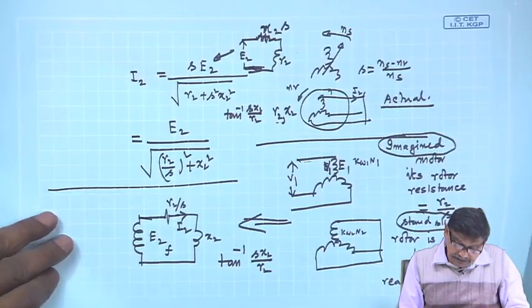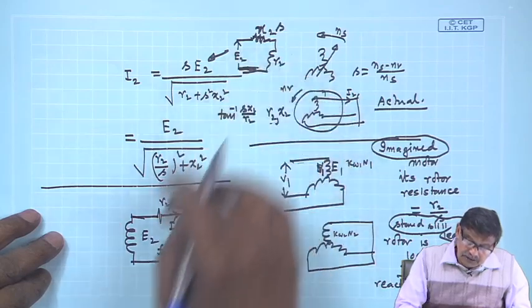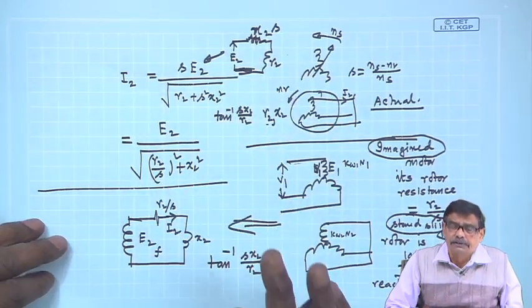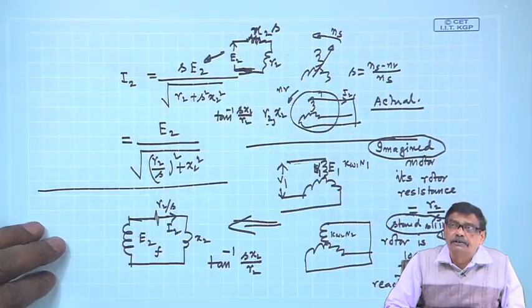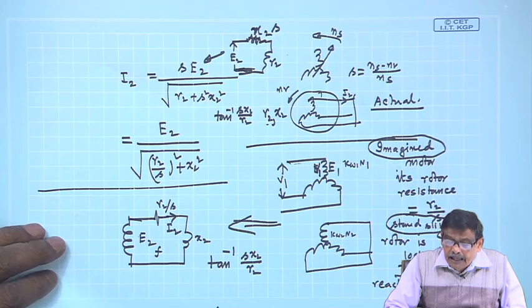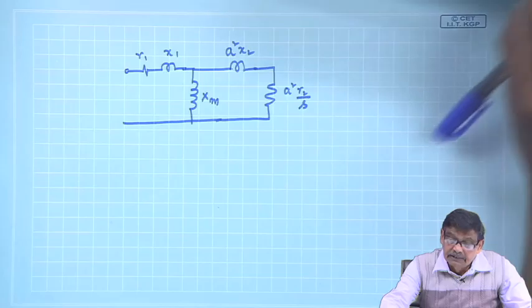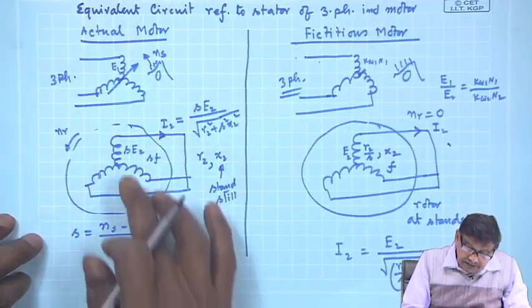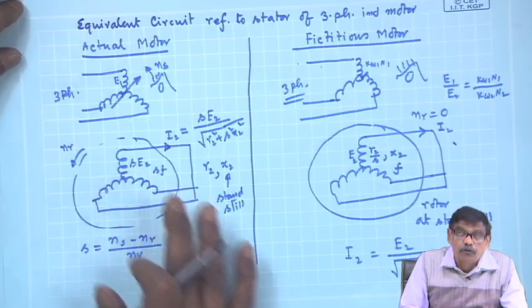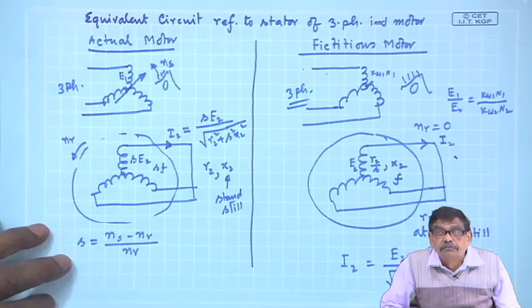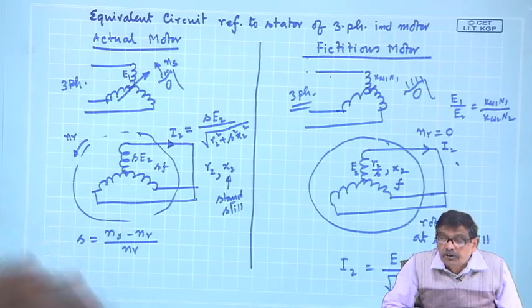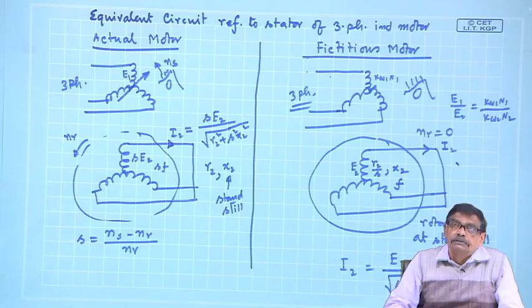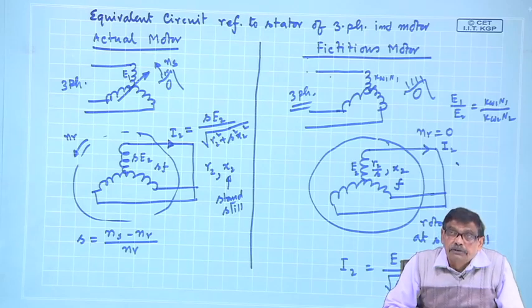Only thing was that these two circuits, this circuit and this circuit, are not equivalent, because real power is different in both these cases, and that we also explained. In this case there is definitely some mechanical power output, because the machine is running with some slip S, N_S is not equal to N_R, it is overcoming that opposing torque, and therefore there is some mechanical power output.